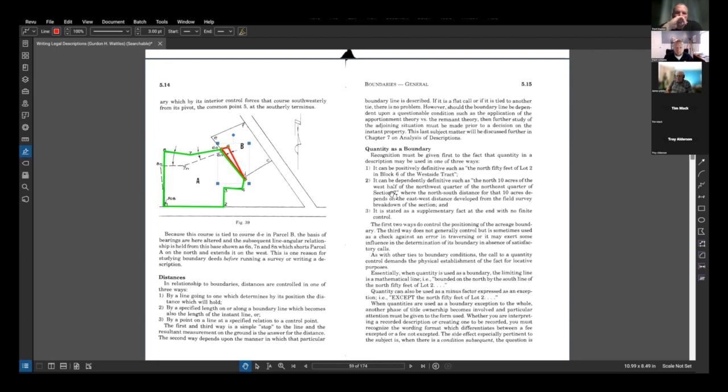For number two, the courses and distances will extend wholly onto the adjoining tract, and they have to be clipped off. Third, you have the situation where the bearings and distances don't approach or don't reach the adjoining tract and have to be adjusted.